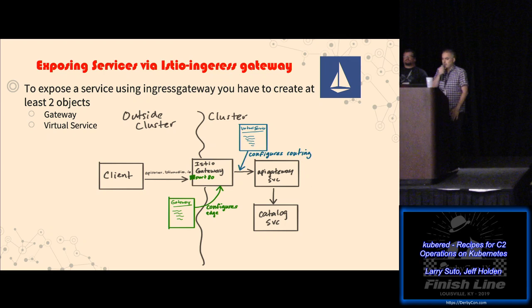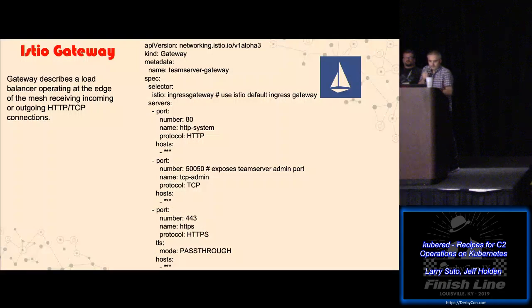And then you create what's called a virtual service, which is the mediator between the gateway and your pod, the actual running container. And then with that, you connect the traffic to your C2.